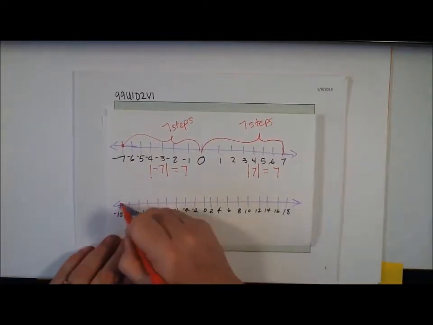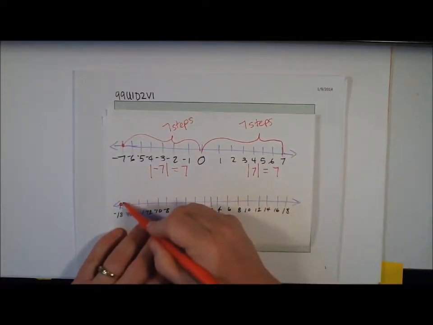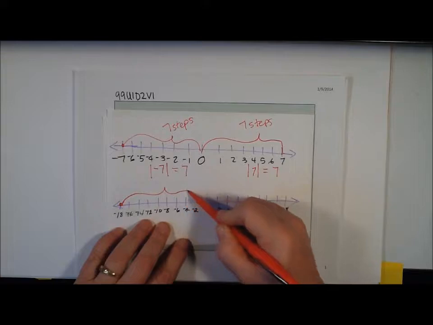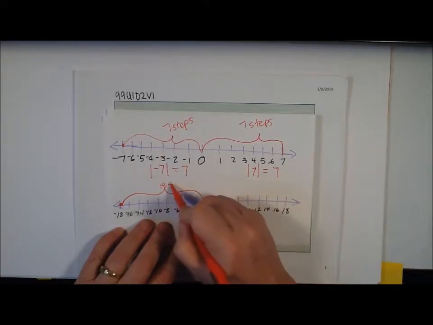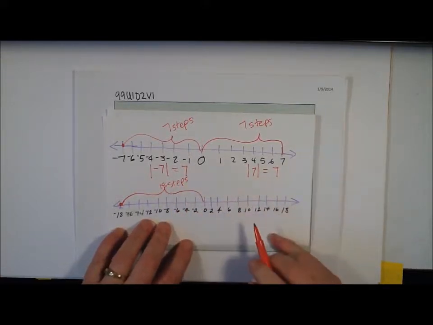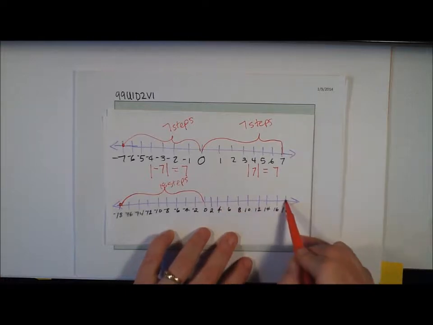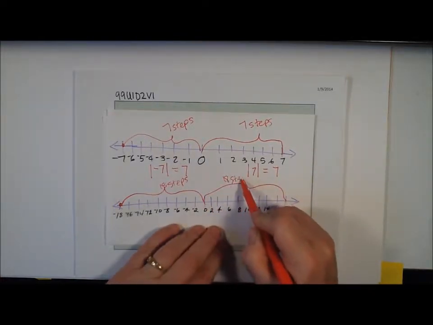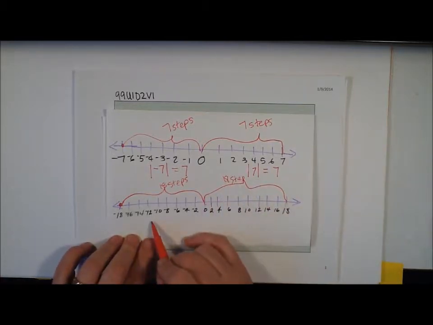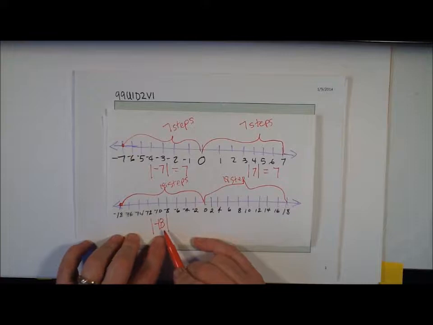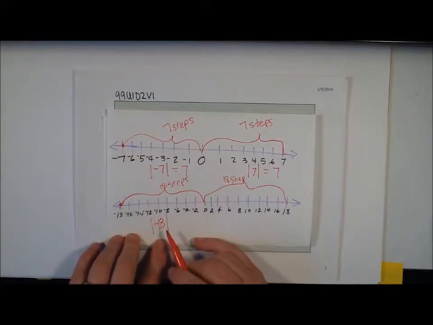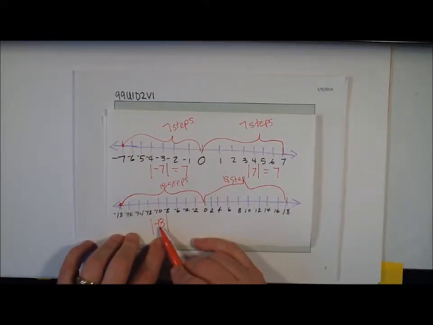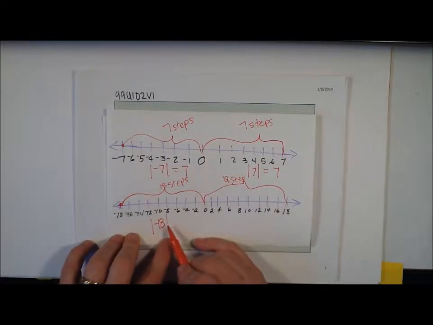-18, sorry, is 18 steps from 0, and +18 is 18 steps from 0. So if we say the absolute value of -18, what we're really saying is how many steps from -18 to 0 are there?